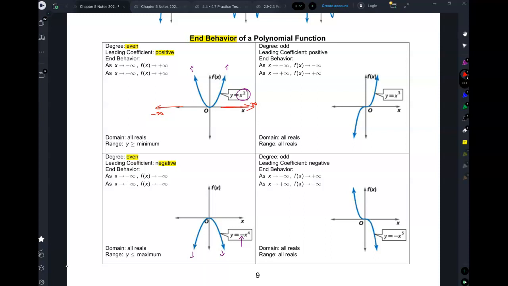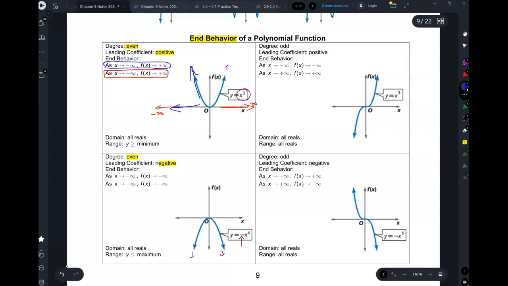So now, when I go over this way, x is approaching positive infinity, right? What is happening to the graph vertically? Where is it going? Up to positive infinity. So I say, as x approaches positive infinity, f of x approaches positive infinity. But then as x approaches negative infinity, f of x also goes up. It approaches positive infinity. All right?